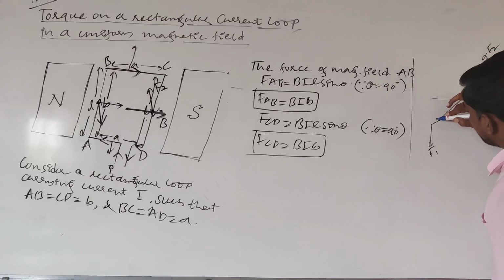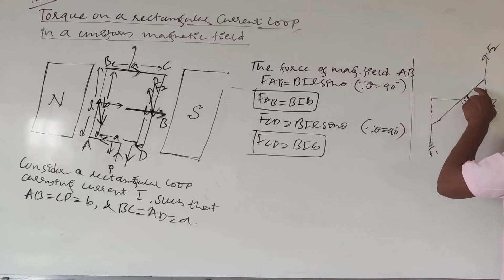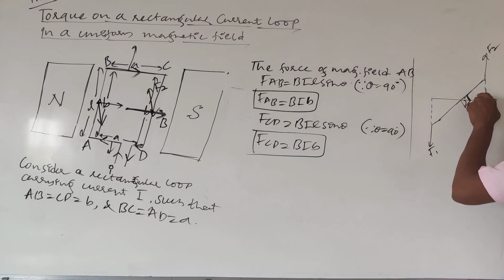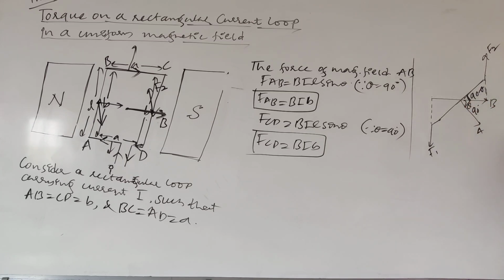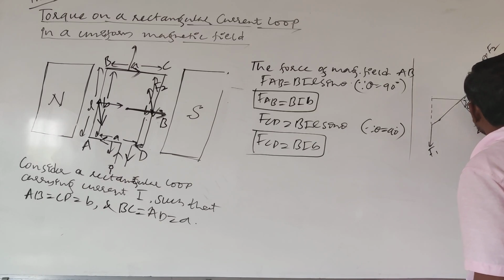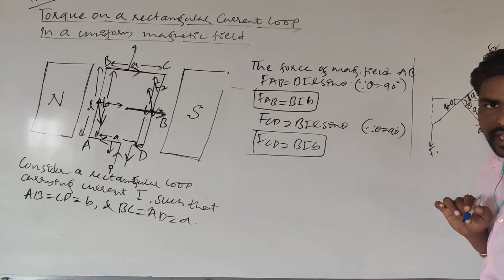Now I am going to produce up to here, and here also like this. This is the area with the angle theta. This complete is 90 degrees, so this one, already theta is there, and this one becomes 90 minus theta. Now if this is 90 minus theta, this one also becomes 90 minus theta.